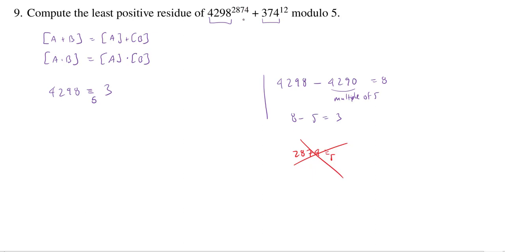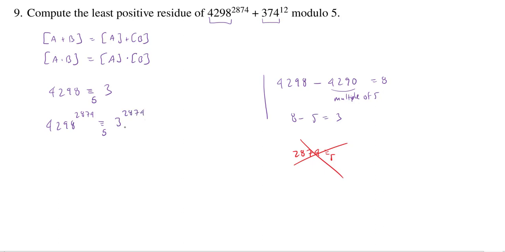All we know is that I have 4,298 to the 2,874, which means I have 2,874 copies of 4,298 multiplied together. But modulo 5, each one of those is 3. And so 4,298 to the 2,874th power is congruent modulo 5 to 3 to the 2,874th power.